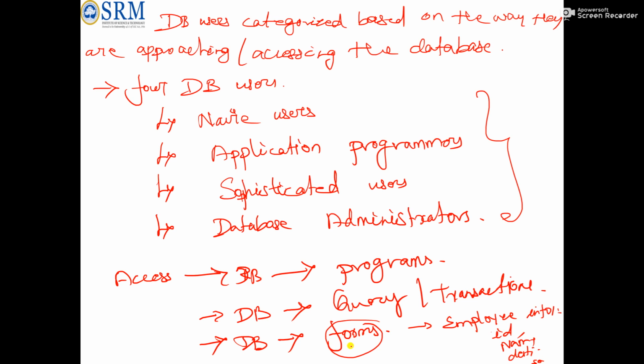All these they will enter into the form, and that will be automatically updated in the database. So this is one type of user, and this group will access the database in such a way.